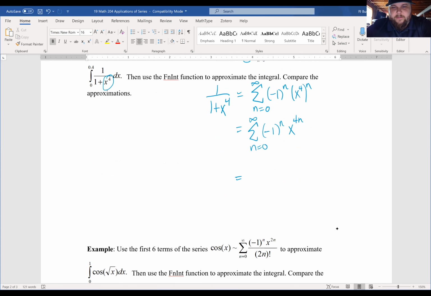That's going to be 0, 1, 2, 3, 4, 5. So when n is 0, and then n is 1, and so on.